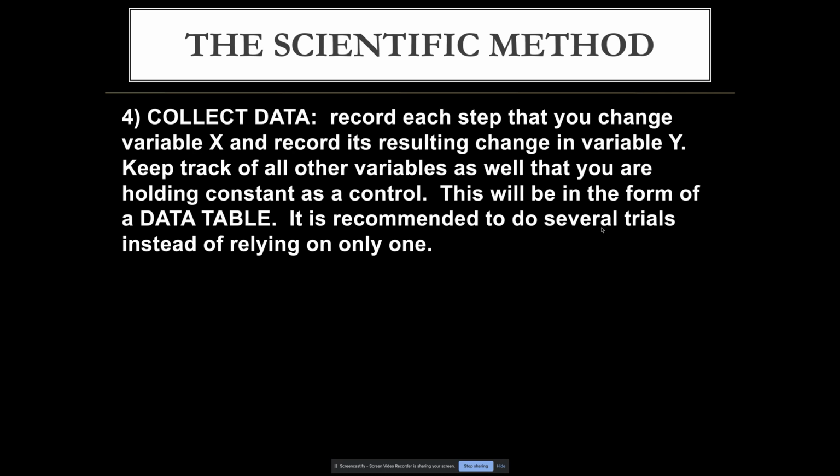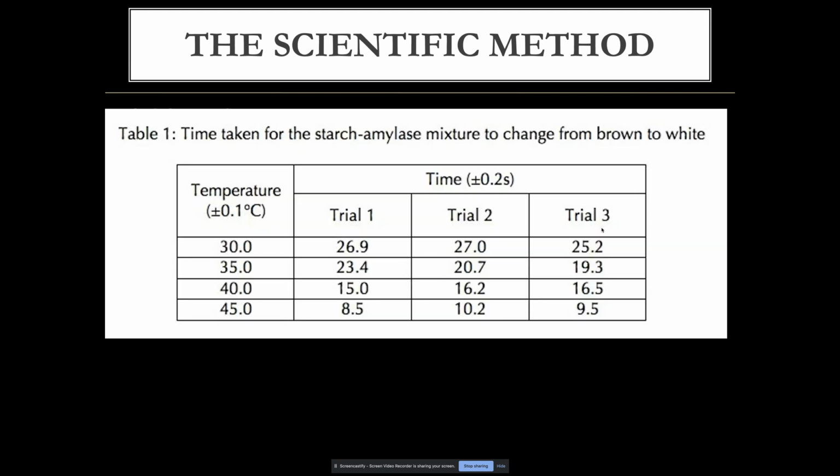Then you're going to collect your data. You're going to record each step in a data table, and it is always recommended that you do more than one trial, because every time you do a trial, a little bit of error creeps into it. For example, if you're timing, you're probably using a stopwatch. And if you're using a stopwatch, you have to take into consideration that there's a little lag time between when the eye sees a thing and when the brain records that it's happening and then sends a signal to your finger to push the stop button on your stopwatch.